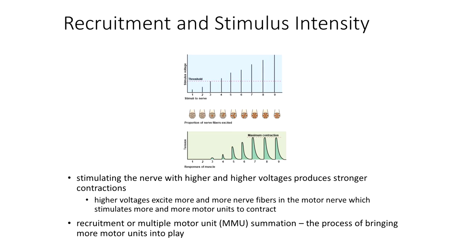Higher voltages excite more and more nerve fibers in the motor nerve, which will stimulate more and more motor units to contract. Recruitment, or what's called multiple motor unit summation, MMU, is the process of bringing more motor units into play.